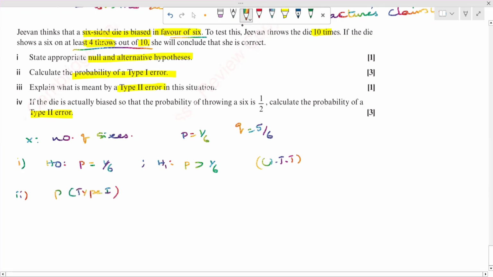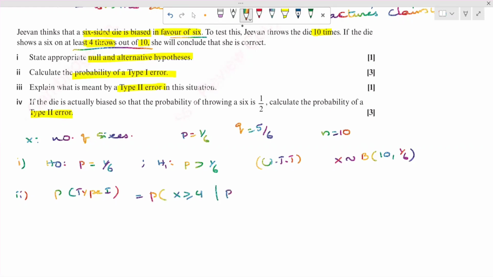Type 1 error. Okay, now see here. First of all, write the random variable, binomially distributed with n comma p. N is equal to 10 is given over here. P value will be 1 by 6. At least means X greater than or equal to 4, given that p is 1 by 6.